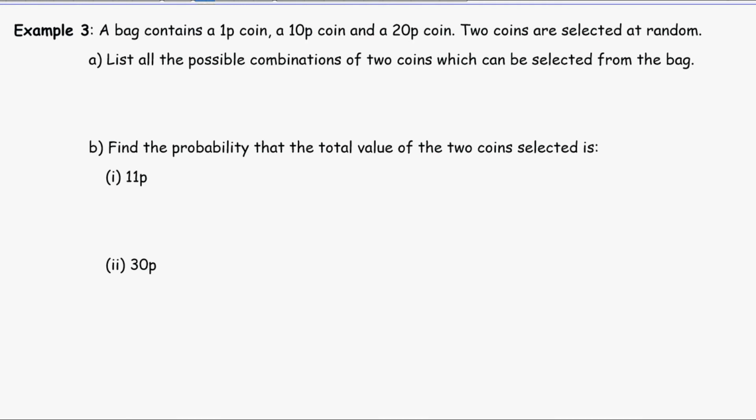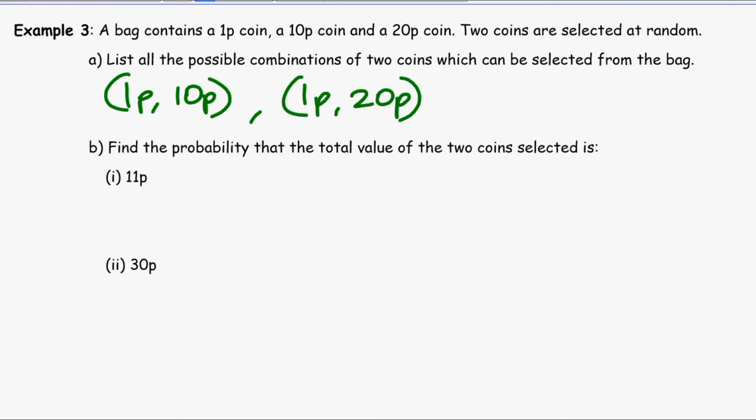Example 3: a bag contains a 1 pence coin, a 10 pence coin, and a 20 pence coin. Two coins are selected at random. List all the possible combinations of 2 coins which can be selected from the bag. So we can have a 1 pence and a 10 pence, or we can have a 1 pence and a 20 pence, or we can have a 10 pence and a 20 pence.